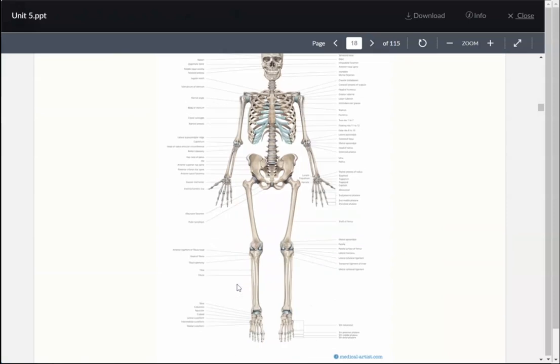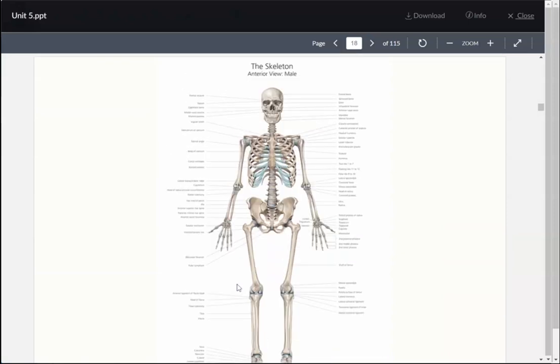Now this guy right here, and this is just the anterior view of a male skeleton. Male and female skeletons look pretty much the same. The big difference is going to be in the pelvis width. So this denotation doesn't really matter. I do encourage you to find a diagram in your book or pull up one and blow it up on your screen.